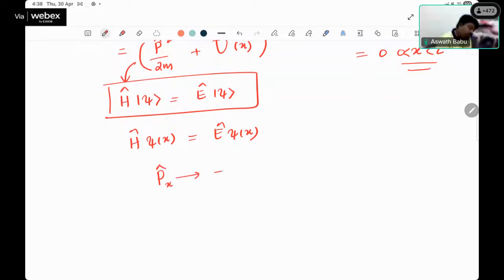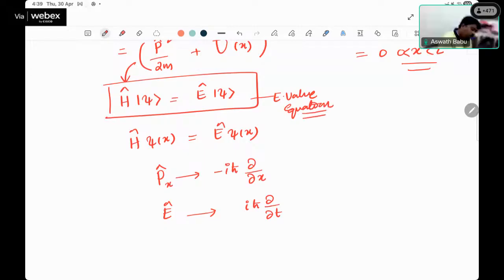Momentum along x is minus i h cross dou by dou x, a position derivative, and the time derivative can be i h cross dou by dou t. In this way, I can convert my eigenvalue equation as per my required study.